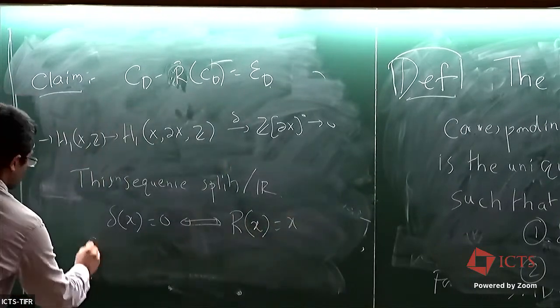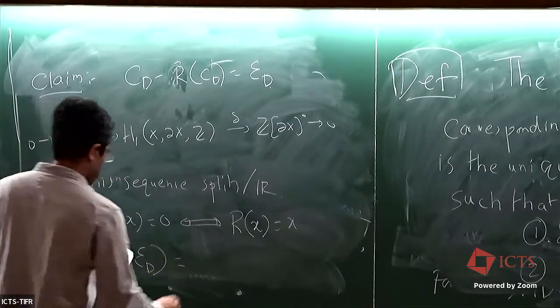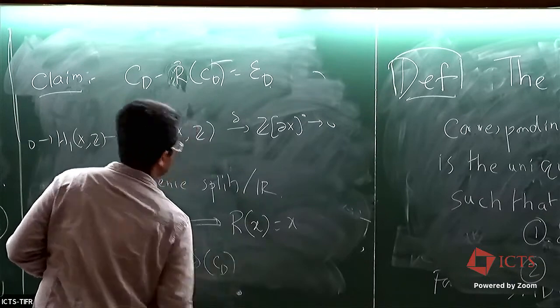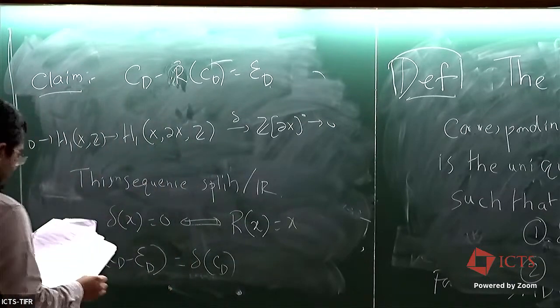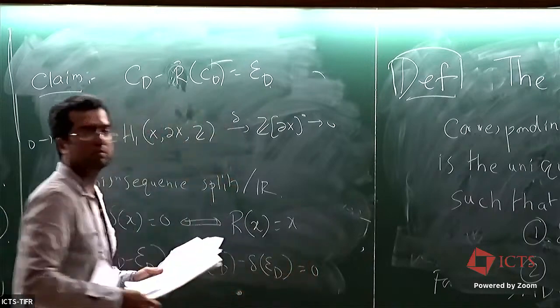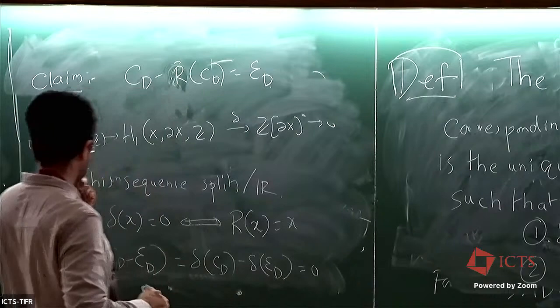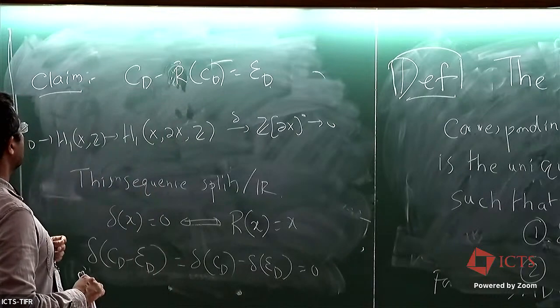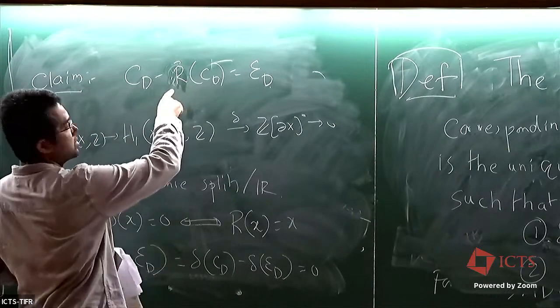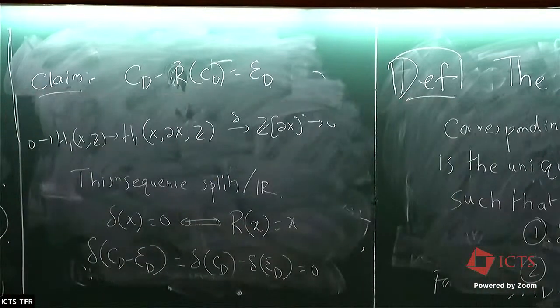So you have this delta of D, and the delta map is a linear map. So this is CD minus R of CD.